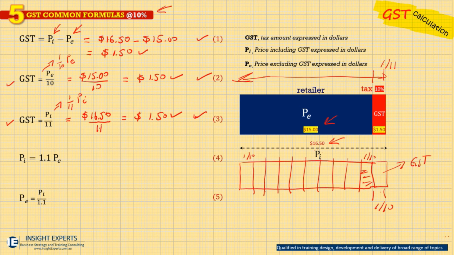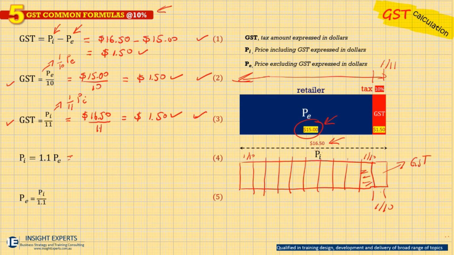Now let's move on to equation number 4. So 4 and 5 basically describe the relationship between the price before and after tax. In order to calculate the price including GST, you just have to take PE, the $15 or any amount, and multiply it by 1.1.